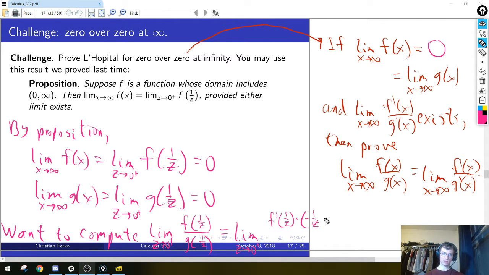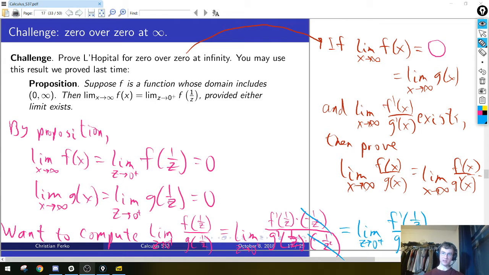And then the bottom, identically, g prime of 1 over z times negative 1 over z squared. Good. Lovely. Cancel. So this is the limit as z goes to 0 of f prime of 1 over z over g prime of 1 over z.